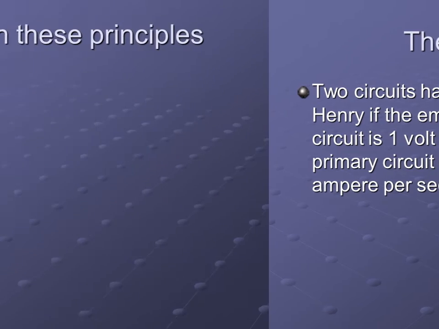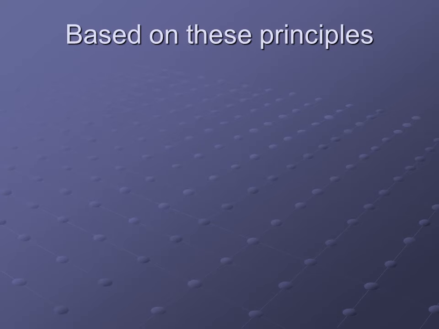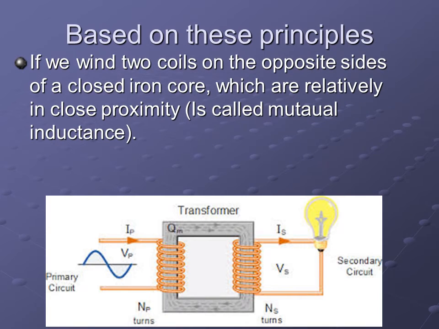Based on these principles, if we have two coils on the opposite sides of a closed iron core, which are relatively in close proximity, it is called mutual inductance.